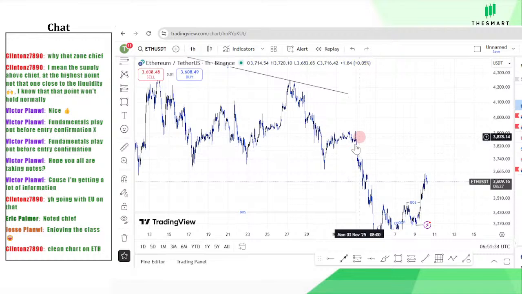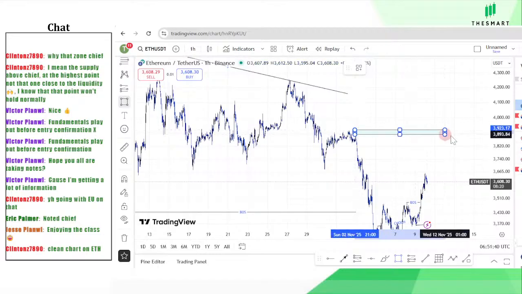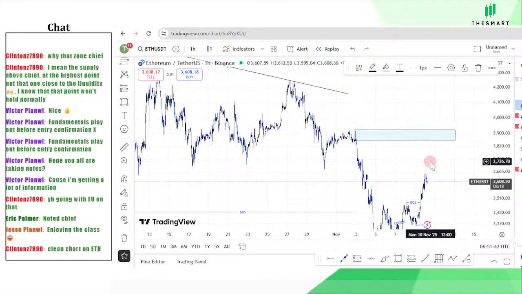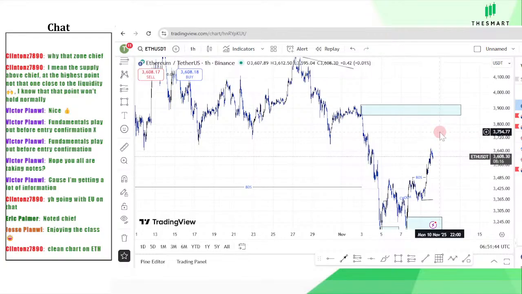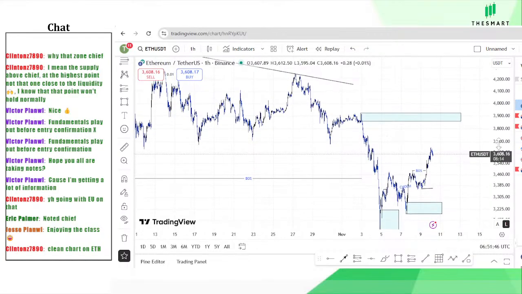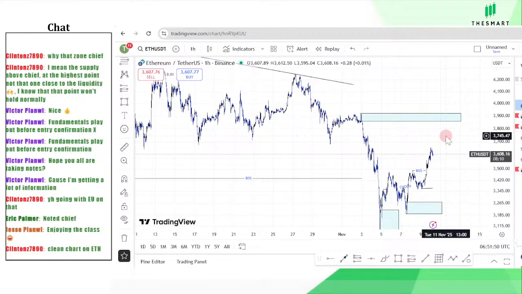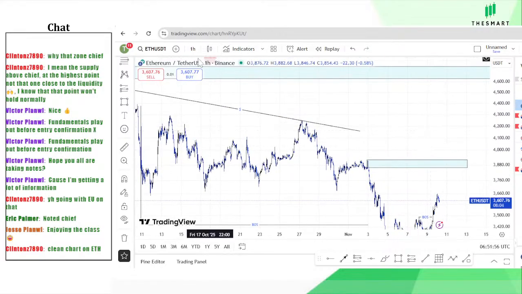So if you look at this, I'm seeing this level on the 1 hour, but we will actually approach this level with entry confirmation. On the 1 hour, this is the only supply I'm seeing here. After that, I want to see price continue to the 4 hours.